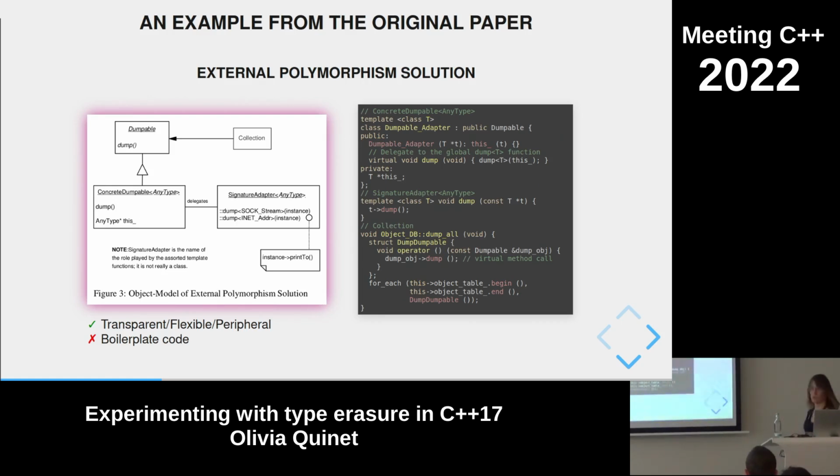So it's more or less the code they presented in their paper. You have a collection of dumpables, and via virtual function you call the adapter. It looks nice, transparent, flexible, because you can inject any type, but there is a lot of boilerplate, and there is a cost attached to this technique.